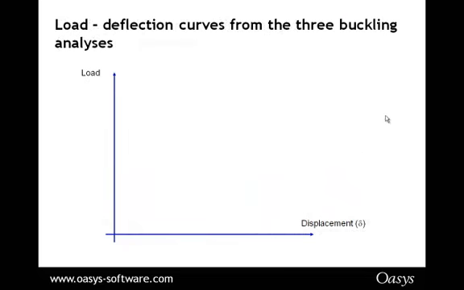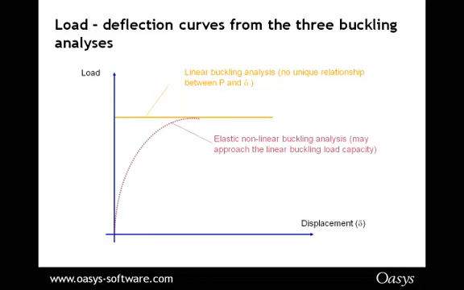To look at it another way, here's a graph of load against displacement. If you've got linear buckling, it finds the load, but the displacement could be anything. With the nonlinear, as the load increases, the displacement increases as well until it reaches close to the linear buckling calculated value.